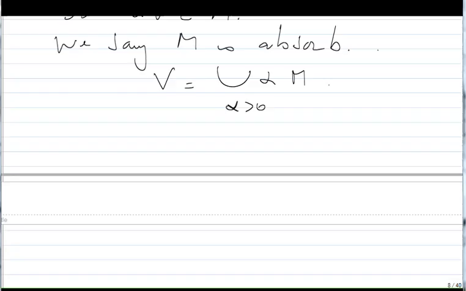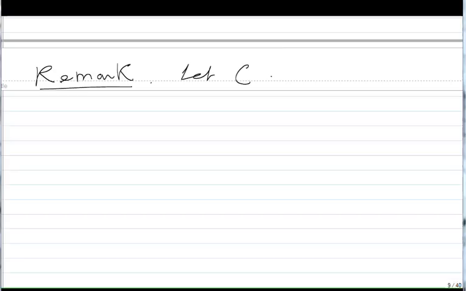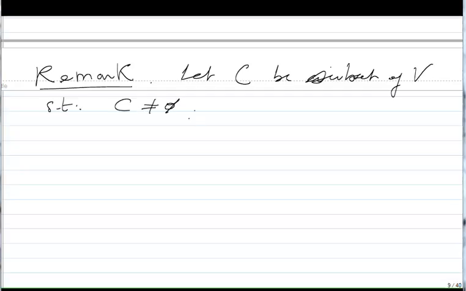There is some kind of converse to this, and Minkowski is the one who investigated it. Let me just say what it is exactly. Here, as a remark: let C be a subset of V, which is not empty, such that C is convex and absorbent.